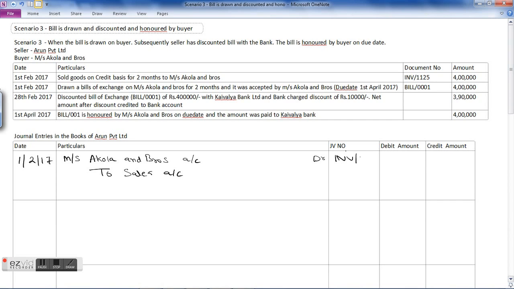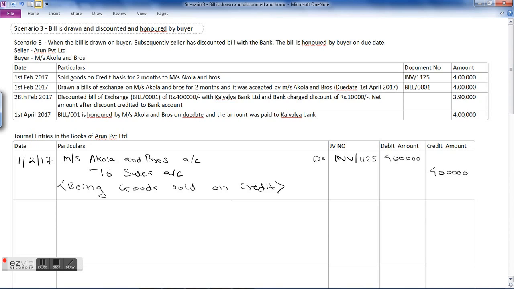Okay, and we'll put the same invoice number. Debit amount is 4 lakh, credit amount is 4 lakh. Being goods sold on credit.